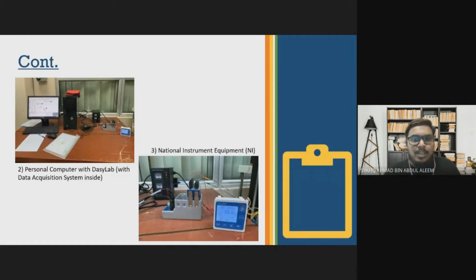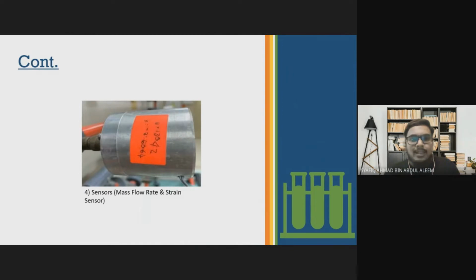Second is the personal computer with DaisyLab, which is a data acquisition system. And third would be the National Instruments equipment, also known as NI. And the fourth is the sensors, which consists of mass flow rate and strain sensor.